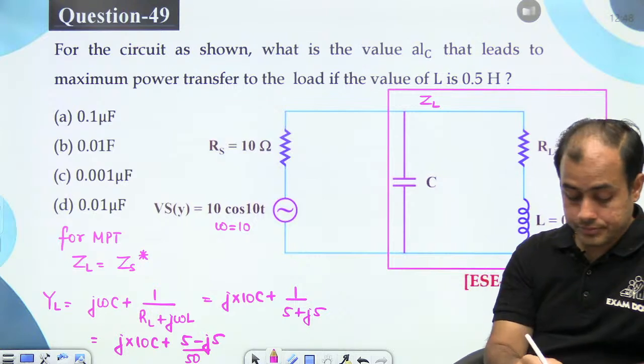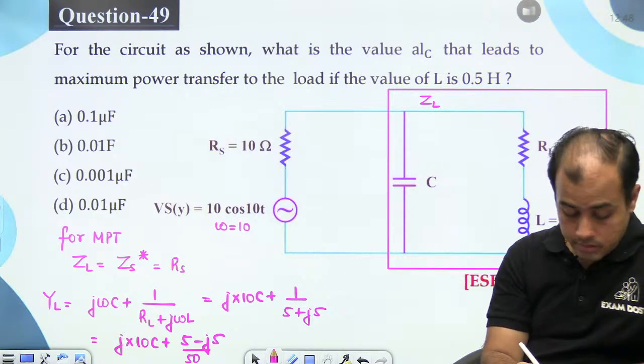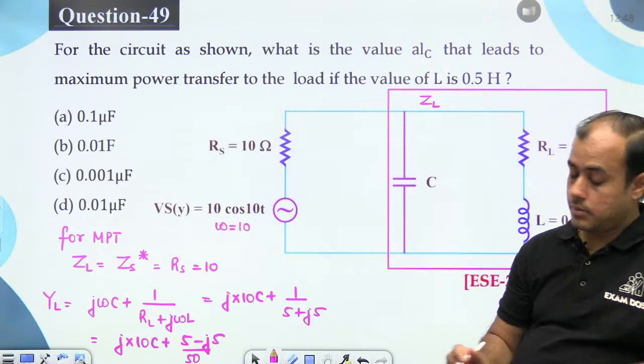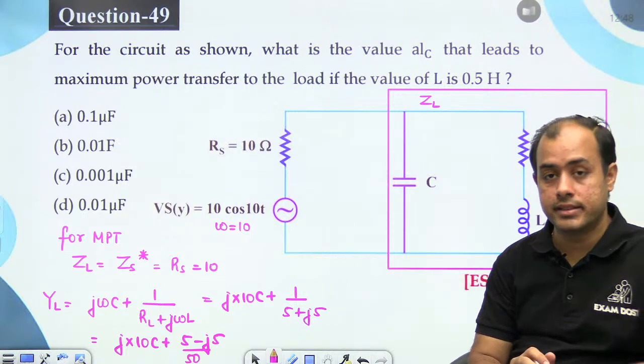Now beta, basically your impedance should be resistive.